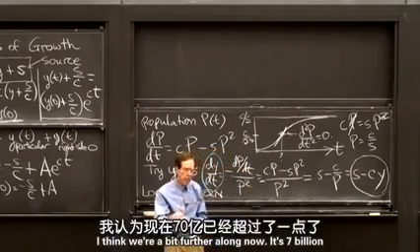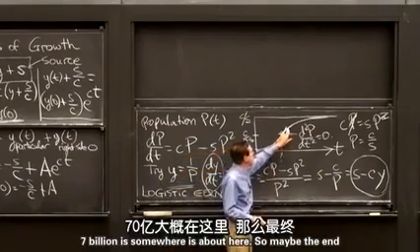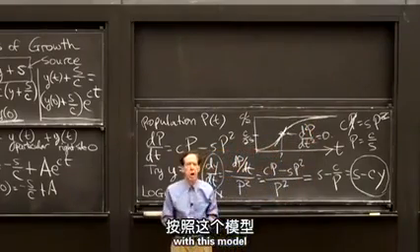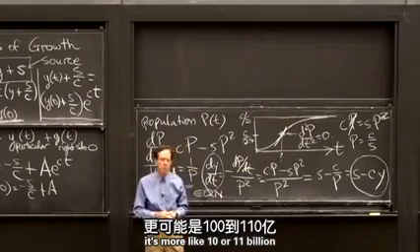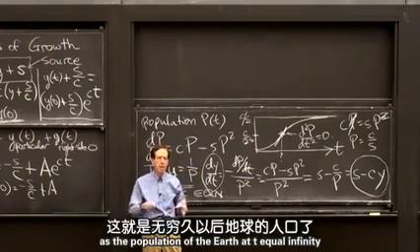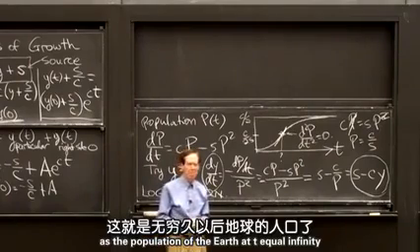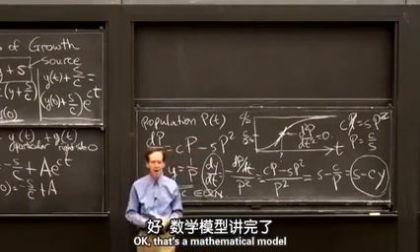I think we're a bit further along now, at 7 billion somewhere about here, so maybe the end with this model is more like 10 or 11 billion as the population of the Earth at t equal infinity. Okay, that's a mathematical model.